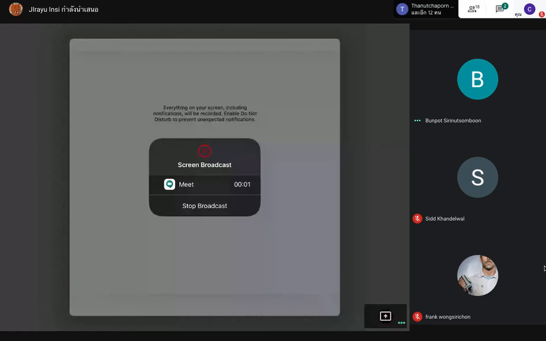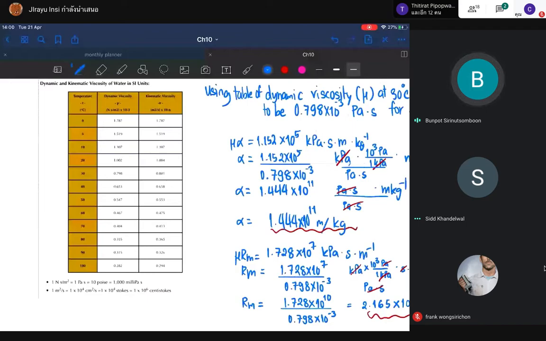Okay, can you see the screen now? Yes, I can see it now.